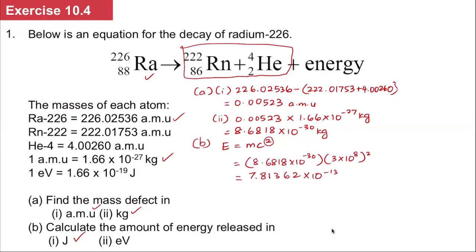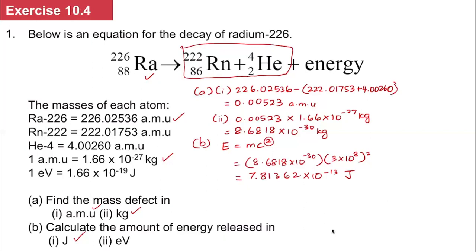Unit? Okay, yes, in joule. Unit is in joule. If you don't want to write the answers with long numbers, the minimum is 2 decimal points, 7.81. That's the minimum. Okay, so this number is okay. 7.81362.